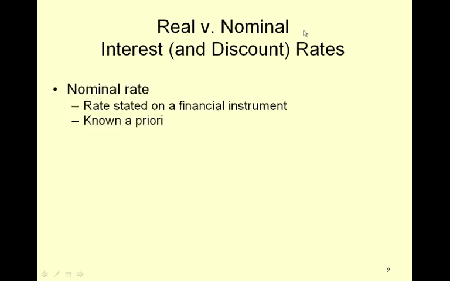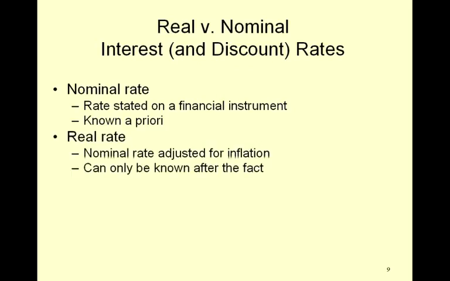Let's define a nominal rate as the interest rate that's stated on a financial instrument. Let's say a bank account says it pays you 4% interest these days. That is a nominal rate. We know a nominal rate a priori. We basically can say, oh, if I put my money into a bank account, I'm going to earn 4% interest on it.